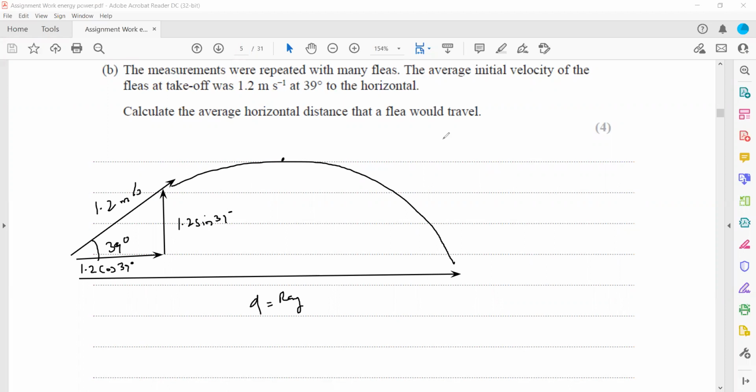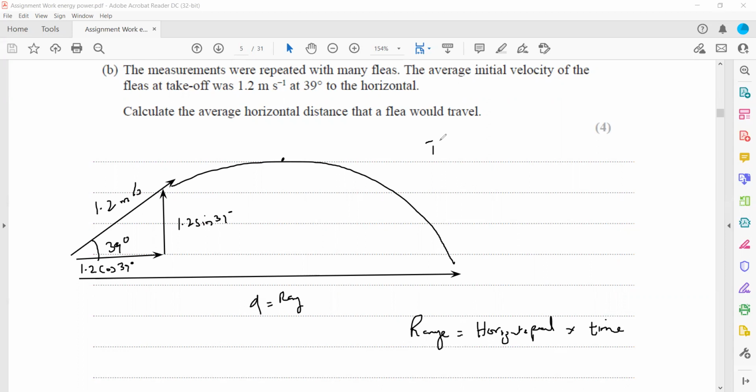Using that, first we'll find the time to reach the maximum height, and then the total time of flight will be double the time to reach maximum height. And to get the range, we'll use the horizontal speed multiplied by the total time.